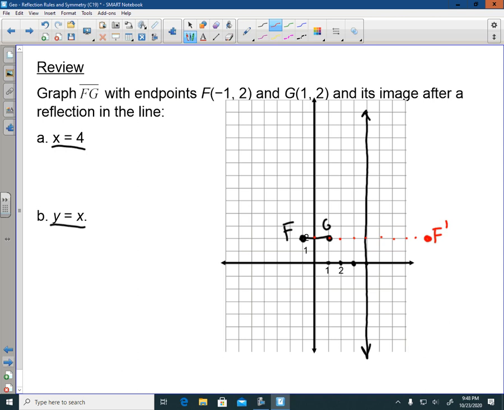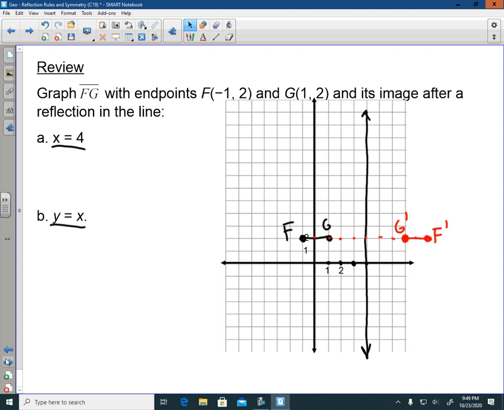Now, G is 1, 2, 3 spaces away from the line, and so 1, 2, 3 over the other side gives us G prime, and there is a successfully flipped FG. We flipped it over the line x equals 4. Not a problem. Because we have those predictable spaces, we can count.